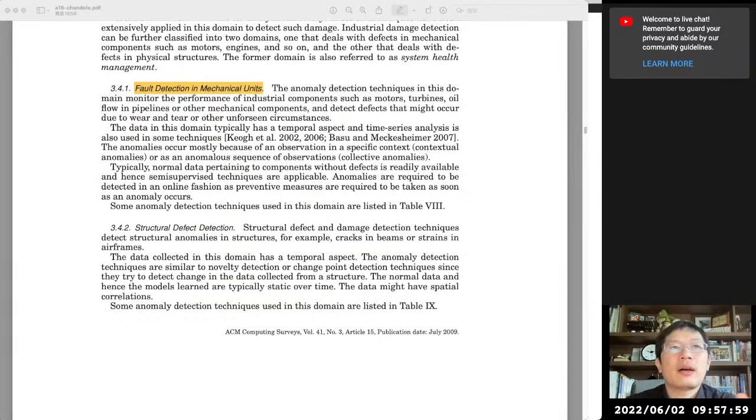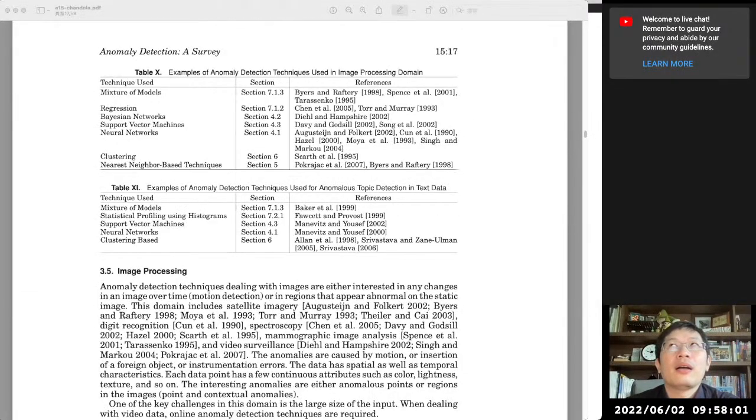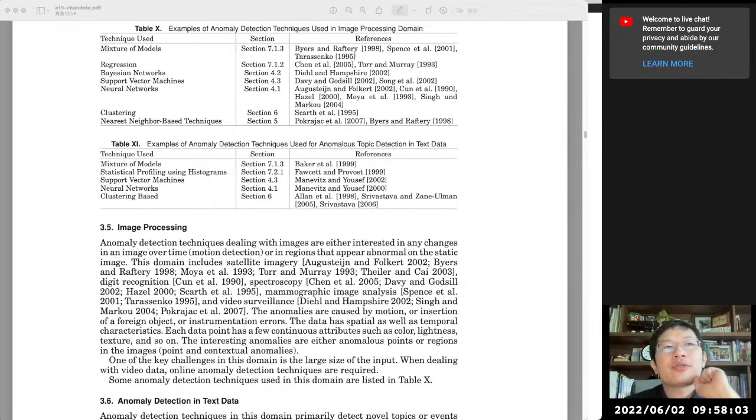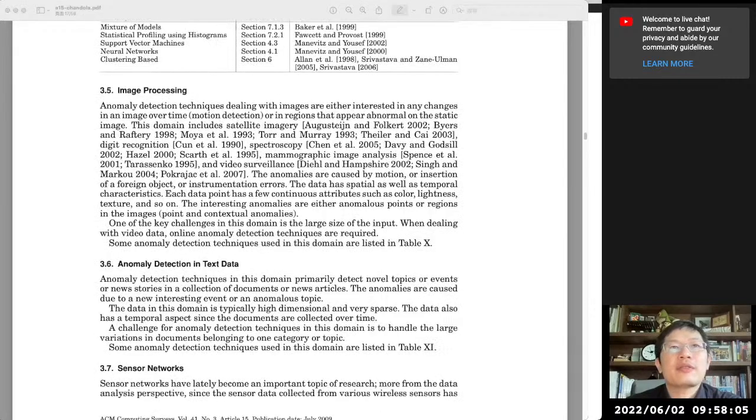There are some applications right here. Image processing is the same. We can use the pictures, we can use the MRI images. As we told you before, we can use an image to represent the PE files, right?